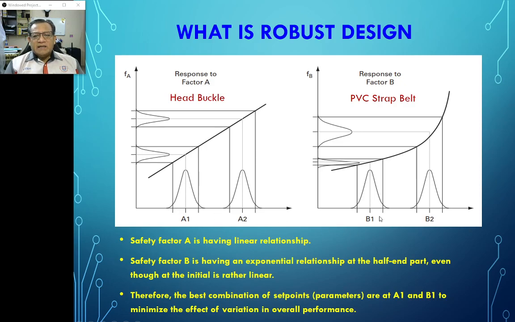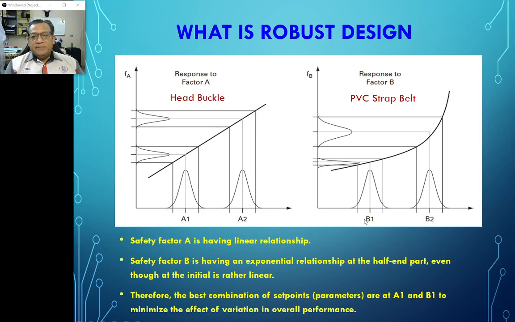In order to combine the tests, what is the best robust design if you combine factor A against factor B in the ultimate final product design? Basically, at factor A, the set point must be set at A1, right? At factor B, the set point must be set at B1.